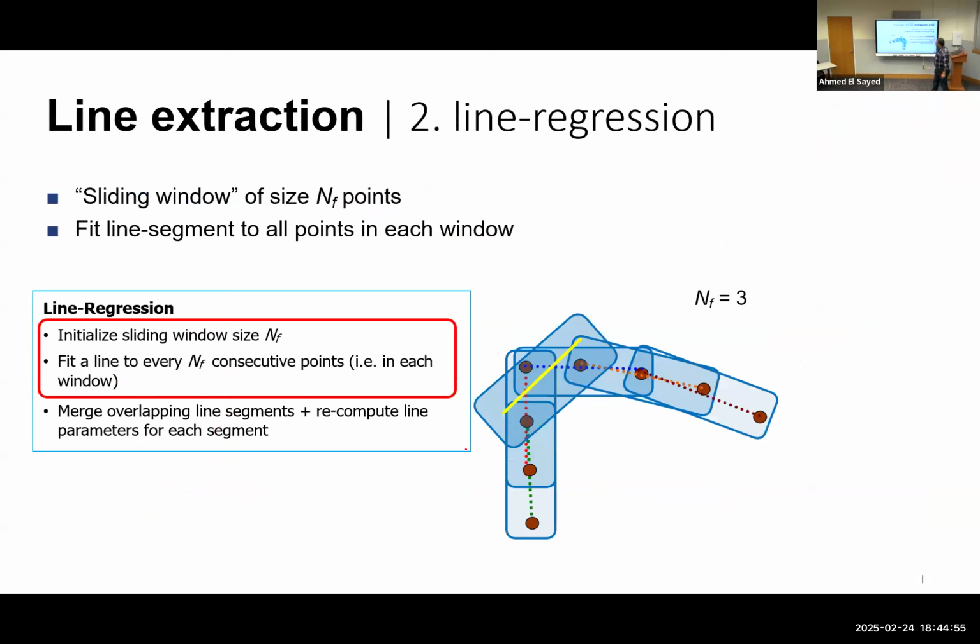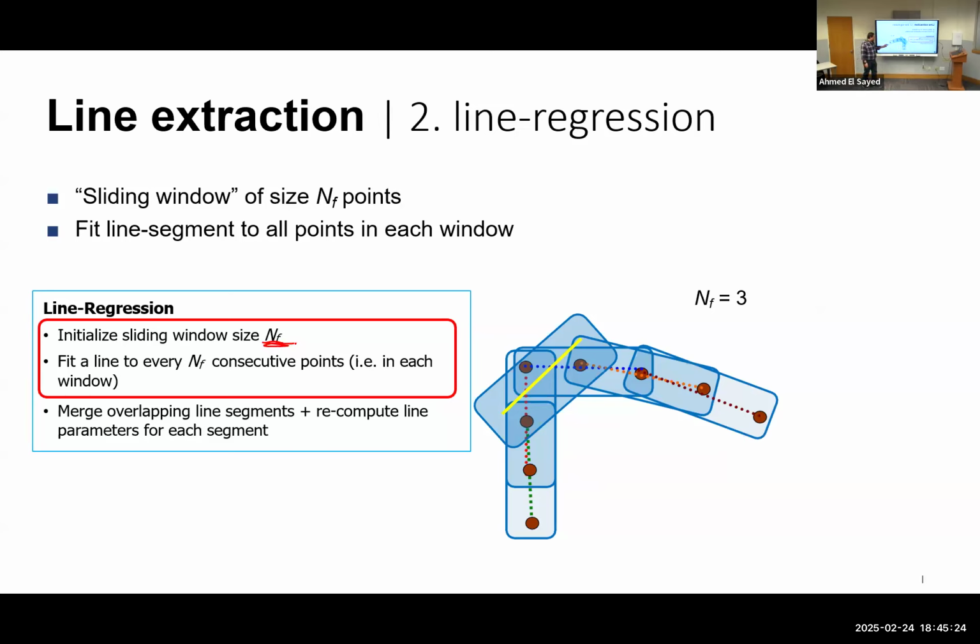So they thought about something that came from statistics called linear regression. How does this work? They said, I will divide my points into subsets. Those subsets will be joined with a window. The window will have a size NF.